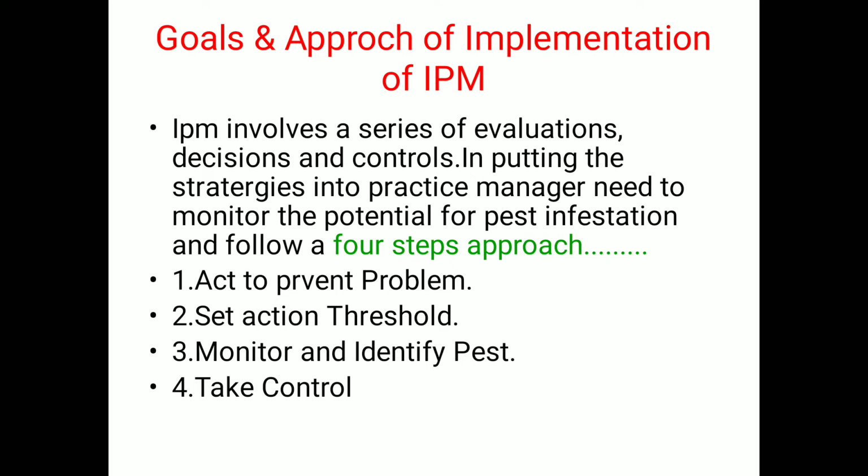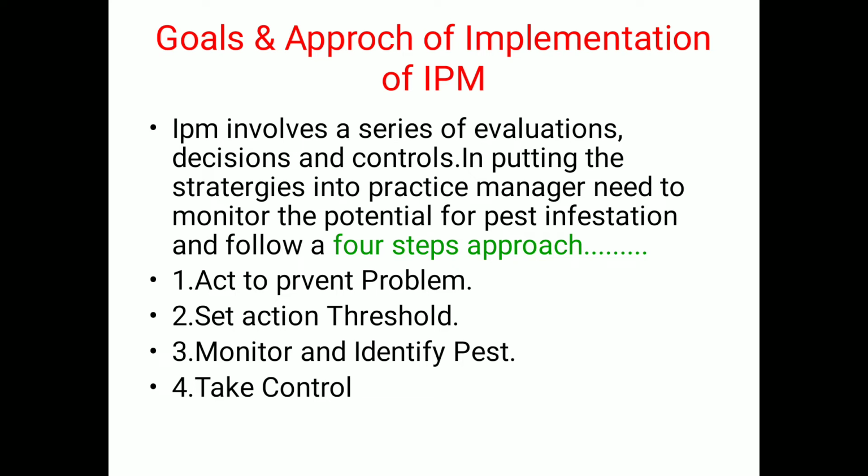Next one is to set an action threshold. The threshold is the pest population at which action is essential, that is, the level at which the control measure is essential and you definitely have to take suitable management practices.